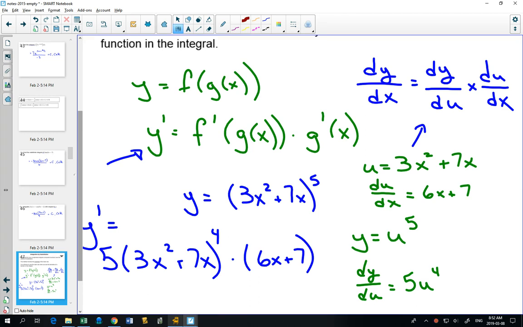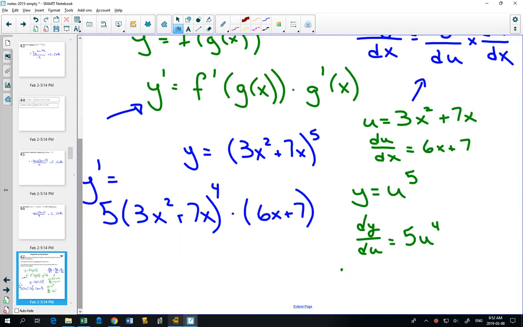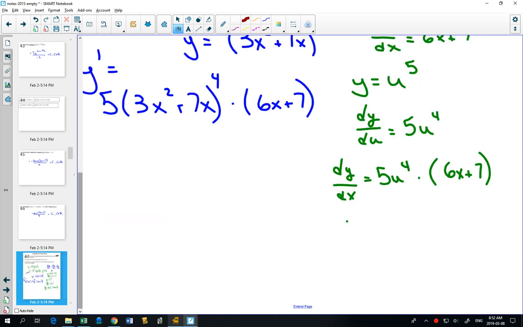And if I put all of that information into the formula of the chain rule, I would get that dy dx is equal to dy du, 5u to the 4, multiplied by du dx, 6x plus 7, and then I'd have to substitute back.